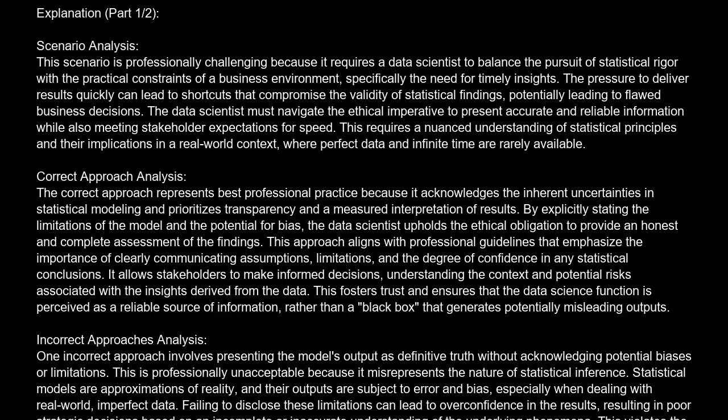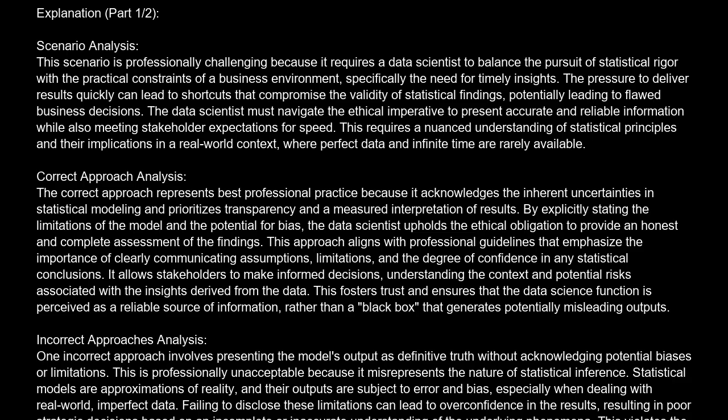Statistical models are approximations of reality, and their outputs are subject to error and bias, especially when dealing with real-world imperfect data. Failing to disclose these limitations can lead to overconfidence in the results, resulting in poor strategic decisions based on an incomplete or inaccurate understanding of the underlying phenomena. This violates the ethical principle of honesty and integrity in professional practice.